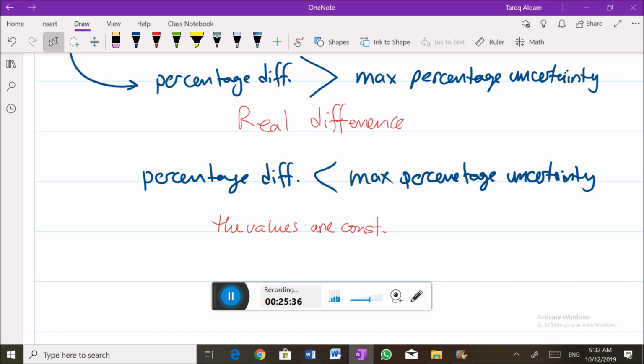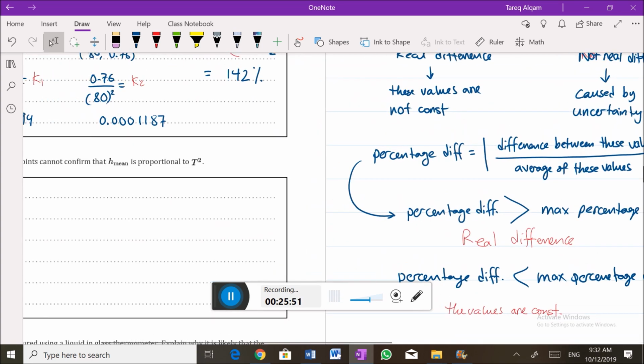So the values are constant. In other words, guys, if I can do this without any mistakes, errors, or uncertainties, these values would be constant, exactly the same.